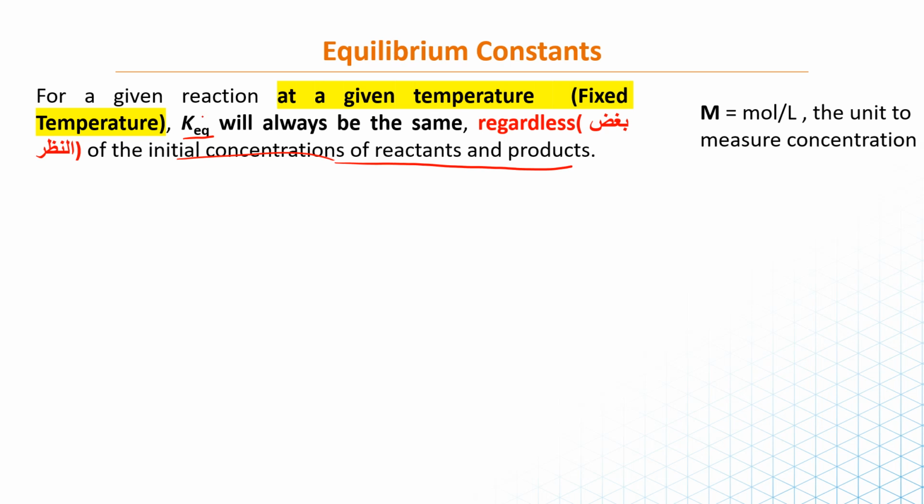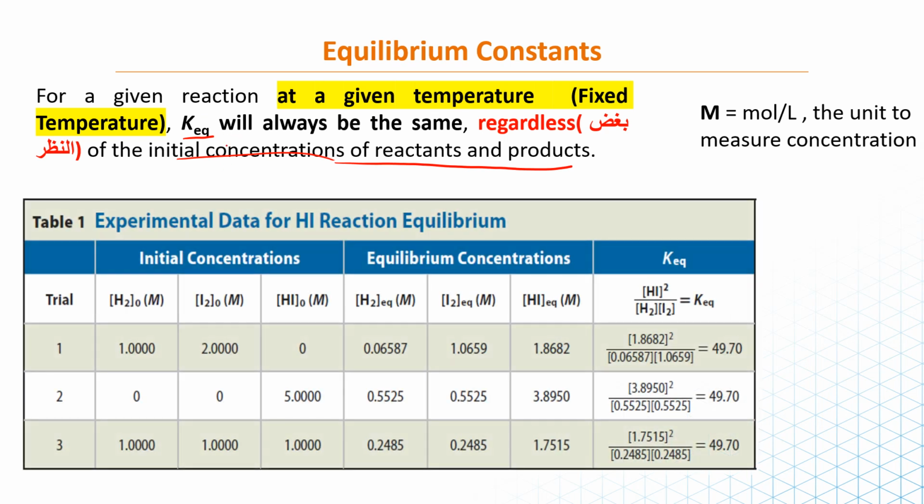What does this mean? The best thing is to show you here. We have 3 experiments. These are the initial concentrations, guys. When you see this small 0 here, it means initial, the beginning. These are the initial concentrations for the reaction.